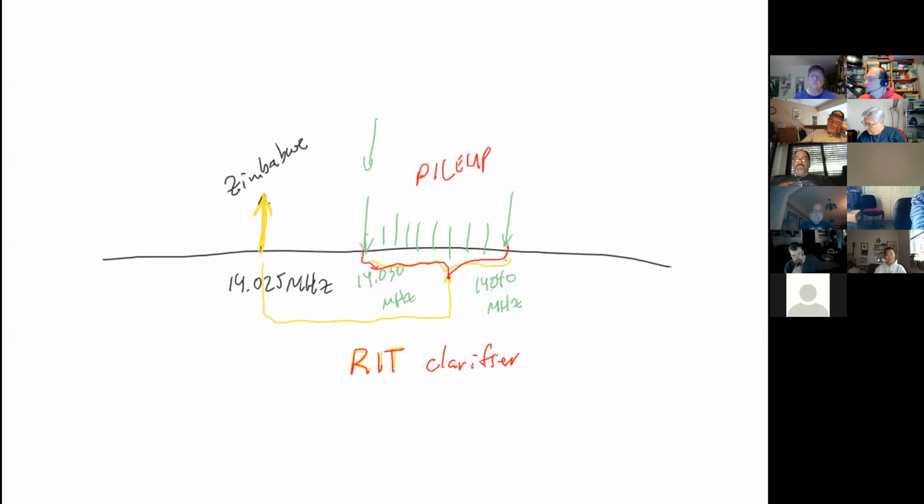The clarifier is really designed to make them sound correct by adjusting your receiver frequency without adjusting your transmitter frequency. It changes the receiver frequency slightly without changing the transmitter frequency so that they sound correct. It kind of clarifies their signal.